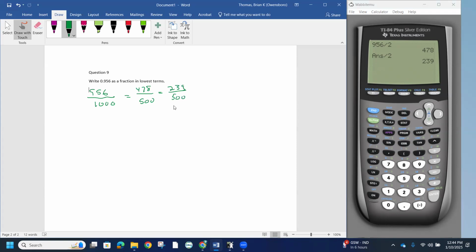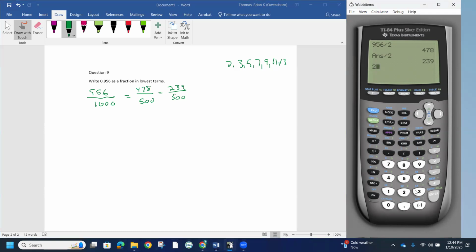Now, I cannot divide 239 and 500 by the same number. So what I can be doing is using prime numbers as a way to do this. So I could be using 2, 3, 5, 7, 9, 11, 13. We can start there and see if any of these numbers work. So we know 2 doesn't work.